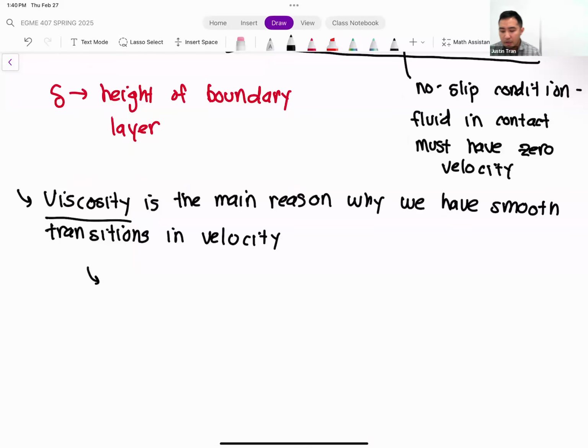I would say the intuitive definition of viscosity is the tendency for fluid particles to stick together.